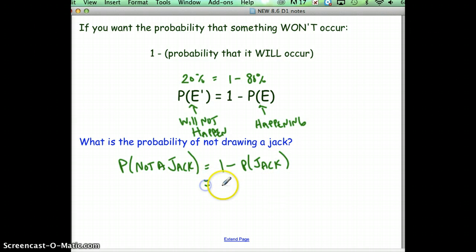We already figured out the probability of a jack. How many jacks are there in a deck? There's 4 jacks out of 52. So if we do 1 minus 4 out of 52, we get 12 out of 13, which makes sense. There was only one jack for every 13 cards in a suit, so the other cards that are not jacks are 12 out of the 13 for each suit.